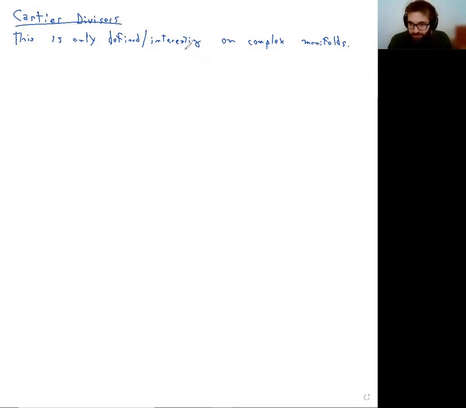This is an object which is only defined on complex manifolds, in principle also on real manifolds, but there it doesn't really make sense. It's not interesting there. So let's define it.